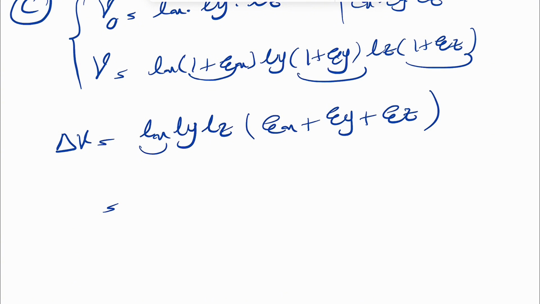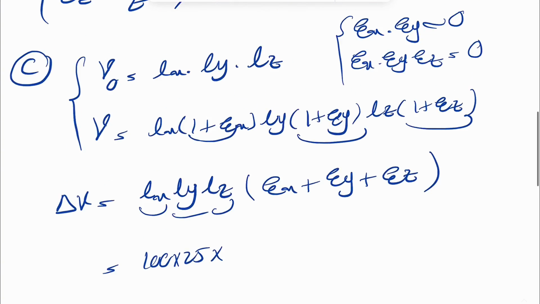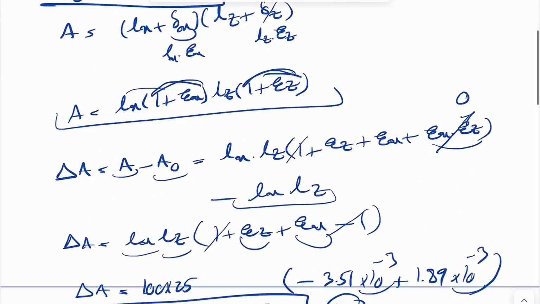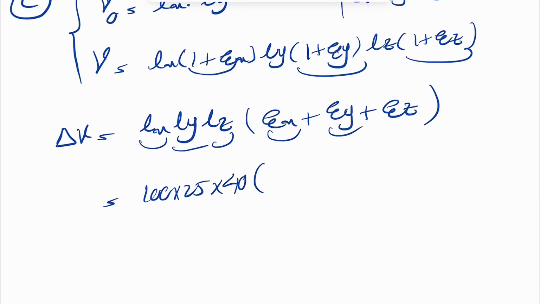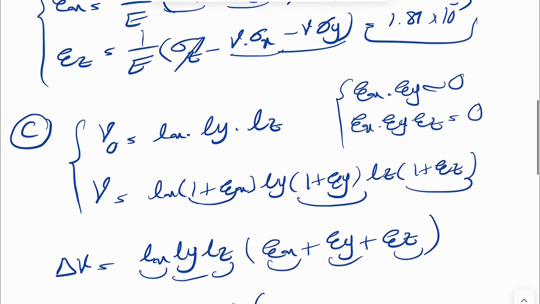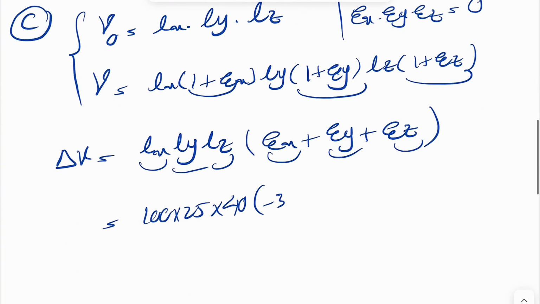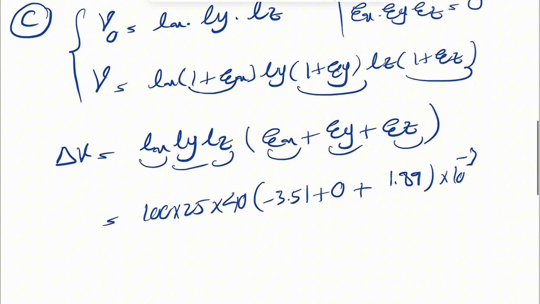So we have Lx, Ly, Lz, 100, 25, and 40 for Lz, and we basically have each of these. Epsilon X was minus 3.51, epsilon Y was 0, and epsilon Z, again, same value, 1.89, 10 to the minus 3 for each.